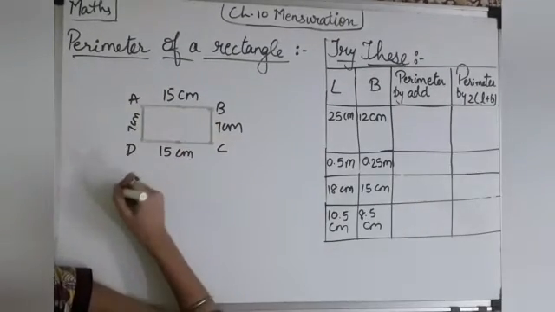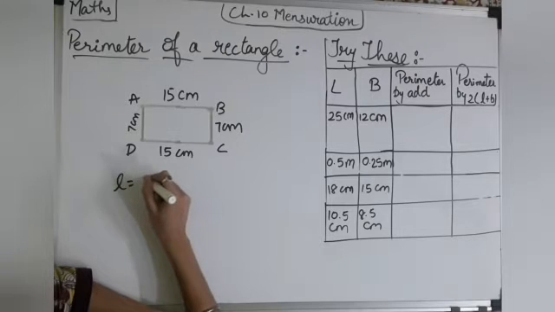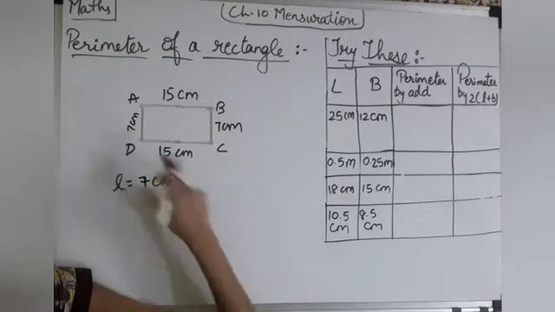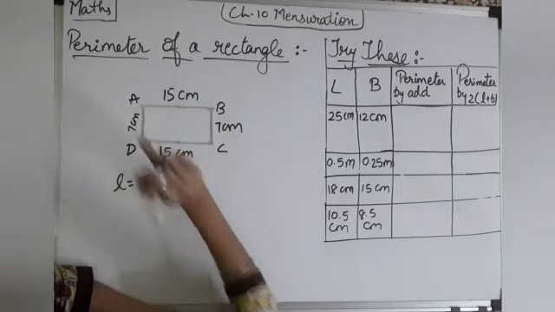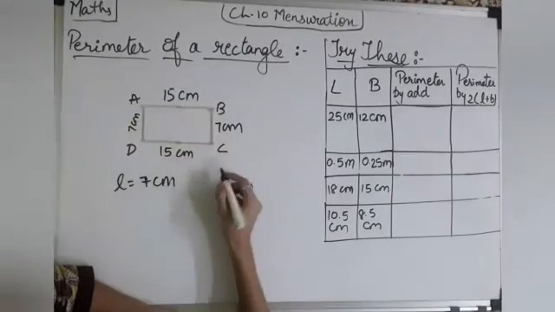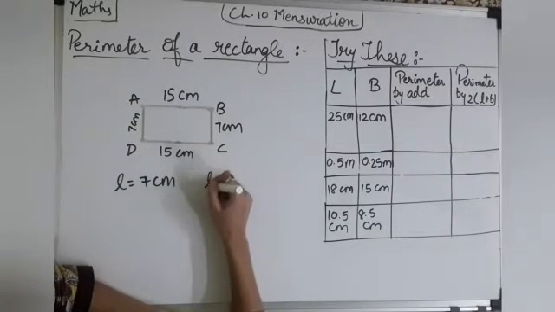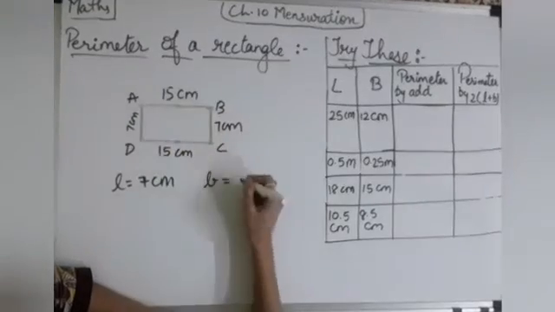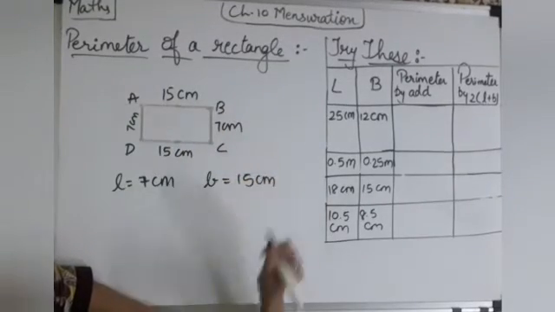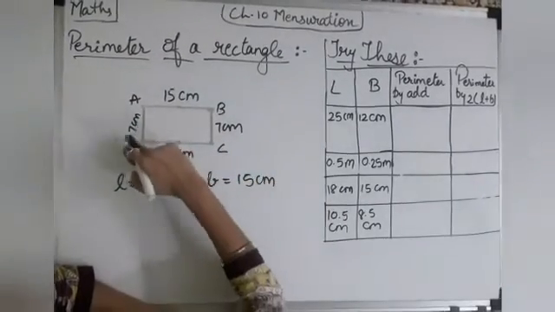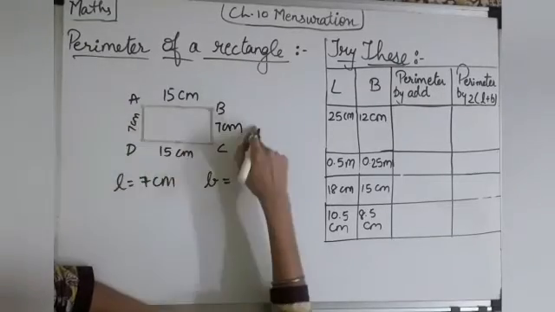Okay. So we are taking L is equal to 7 centimeter because opposite sides are equal. So this is the length. The breadth, A to B, breadth means B, B is 15 centimeter. But you can see that I am having two lengths, 7 centimeter, 7 centimeter.